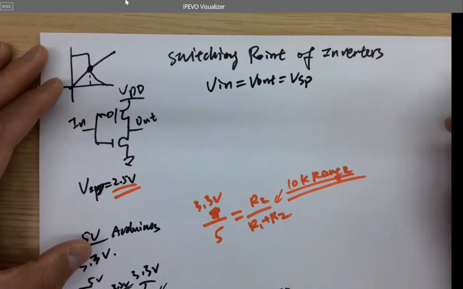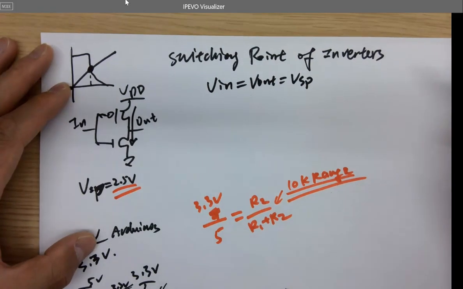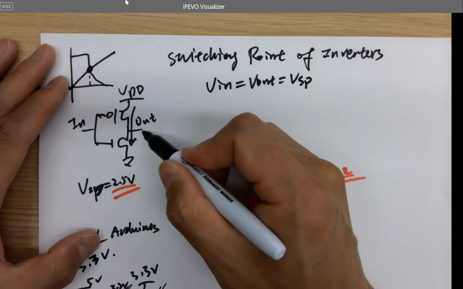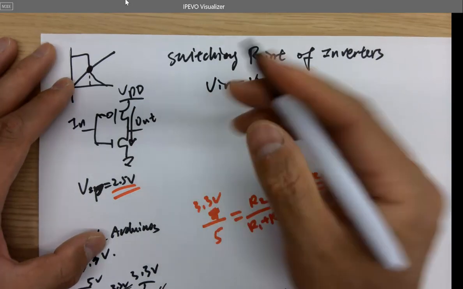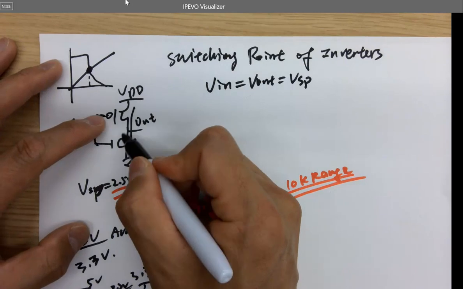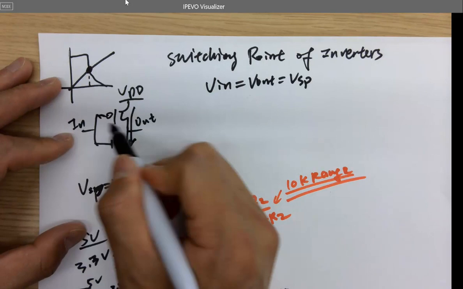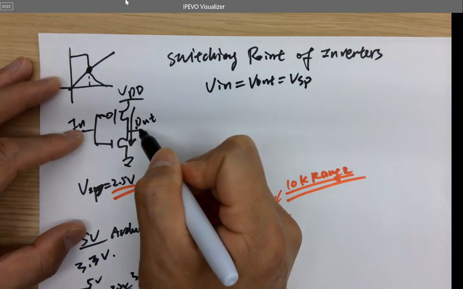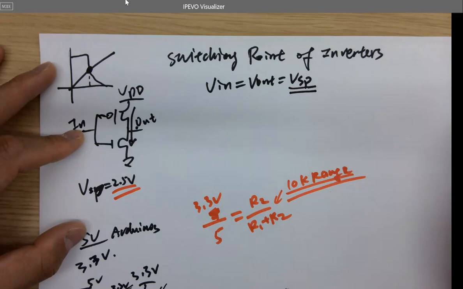Okay? And because there is just one channel flowing the current, if we don't put any load here, if we calculate the current for PMOS and NMOS, they should be equal. And the voltages here are also equal because we are calculating the switching point.